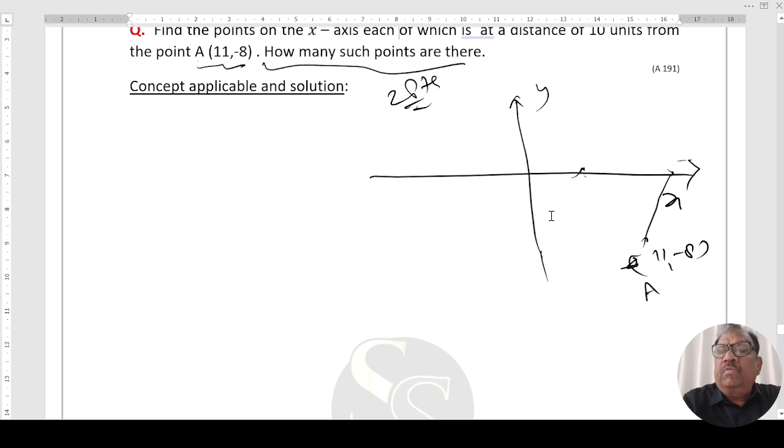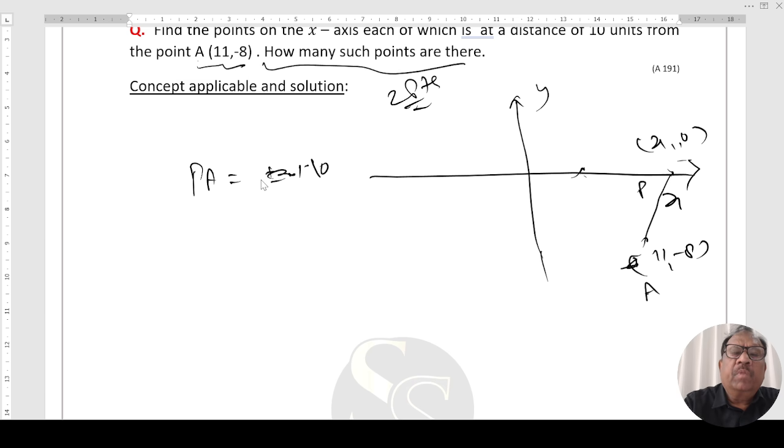So using the distance formula, let the point be (x1, 0). Then this is A, this is P. PA equal to 10. So under root of (x1 minus 11) whole square plus (y1 plus 8) whole square equal to 10.